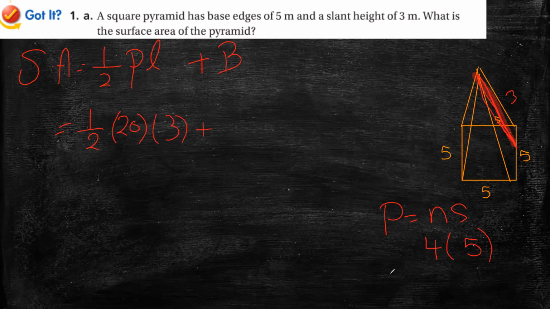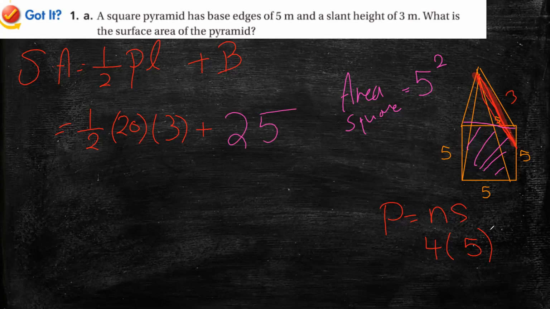Plus. Now let's talk about the area of the base. Where's the base? It's also a square. And as you remember, the area of the square is any side squared. This is how we can find the area of the square, which is 25.